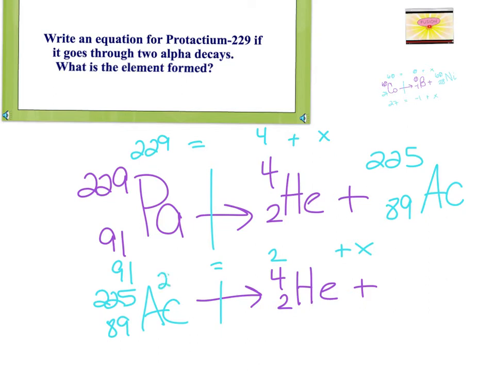So now I have 225 is equal to 4 plus X, and 89 is equal to 2 plus X. So what do you end up with on the bottom? 221 and 87. So what is the element that's formed? Francium. Yes.